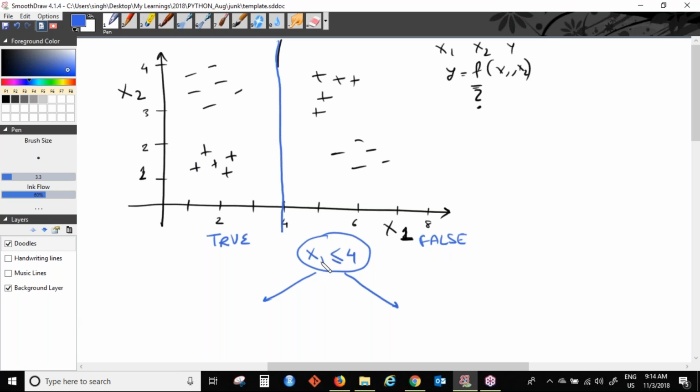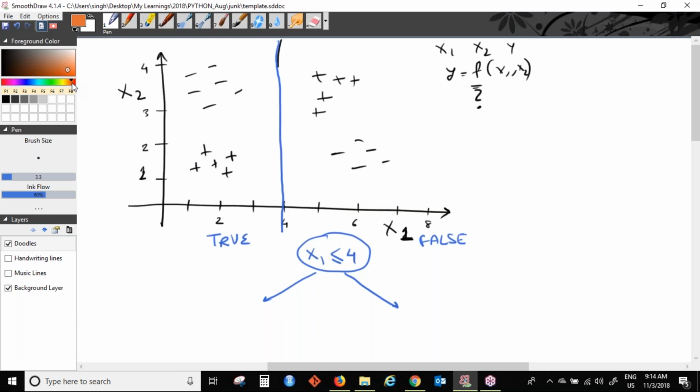If x1 is less than 4, what do we get, plus or minus? We get both. Similarly, if it is false, that means this area, here also we have both plus and minus. So we are stuck, right guys?